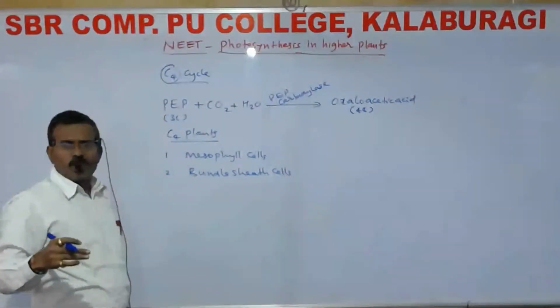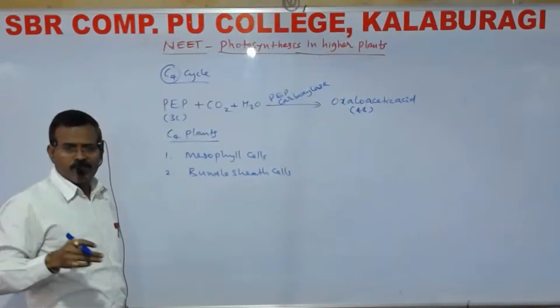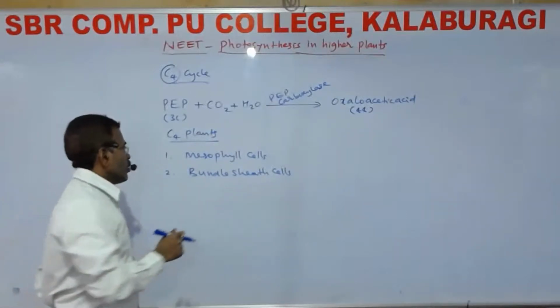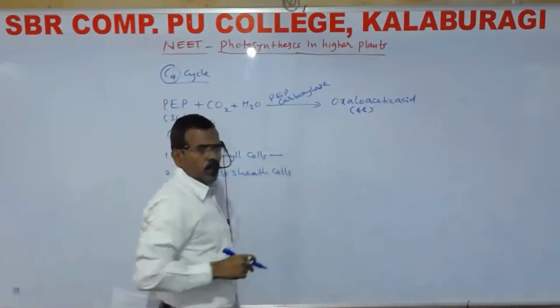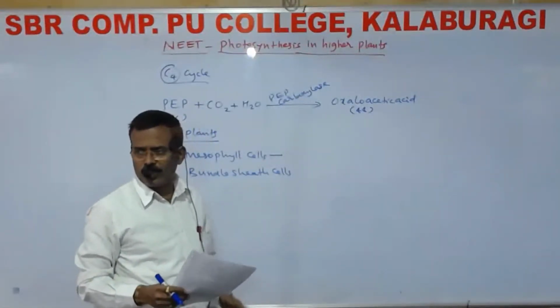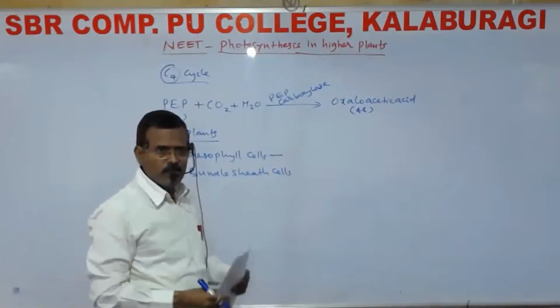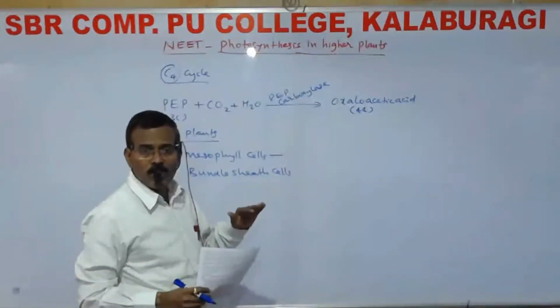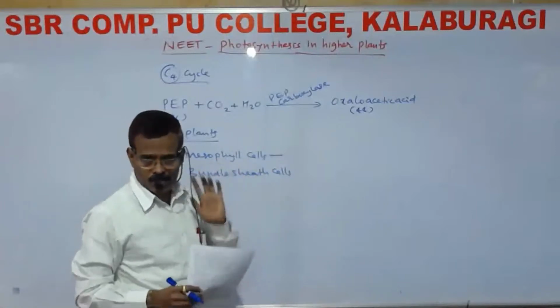Bundle sheath cells are parenchymatous cells, which immediately surround the vascular tissue. Mesophyll cells have normal, smaller chloroplasts with both grana and stroma. Bundle sheath chloroplasts have only stroma, agranal chloroplasts.